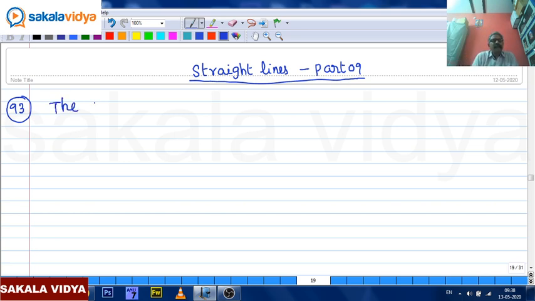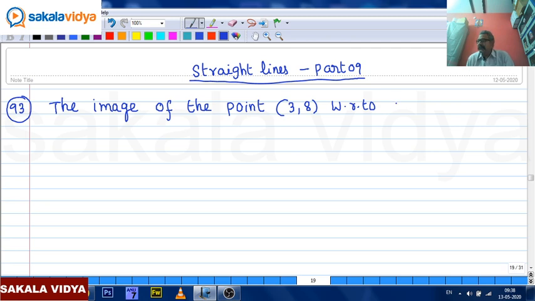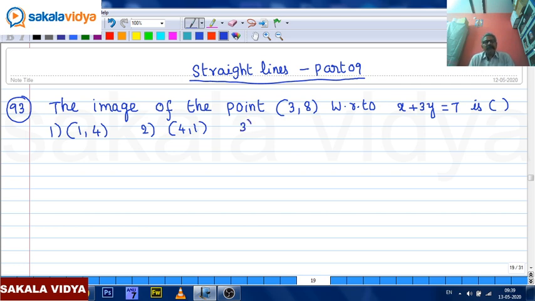The image of the point 3 comma 8 with respect to x plus 3y is equal to 7 is: first option 1 comma 4, second option 4 comma 1, third option minus 1 comma minus 4, fourth option minus 4 comma minus 1.